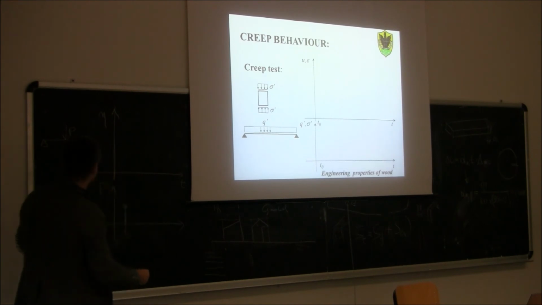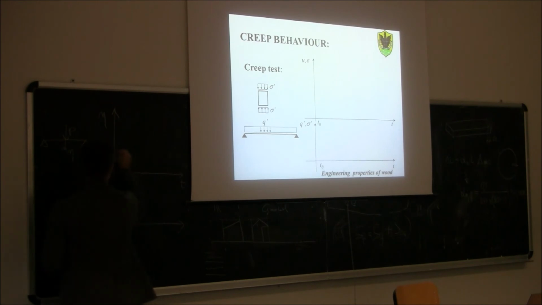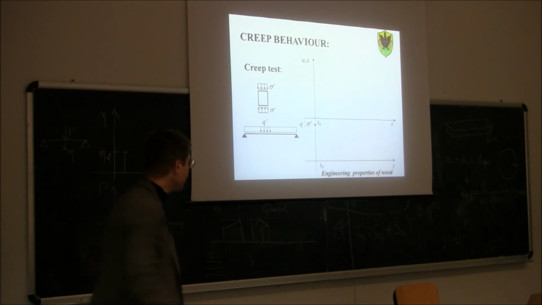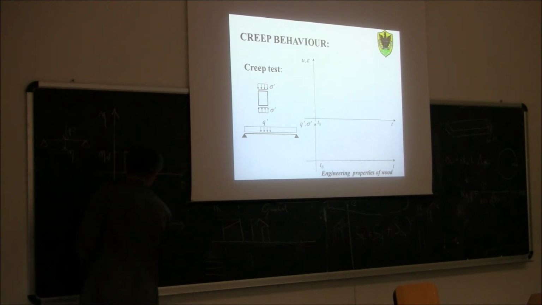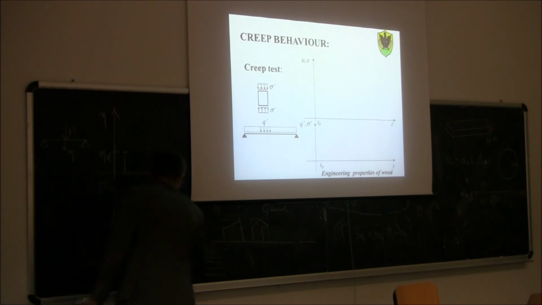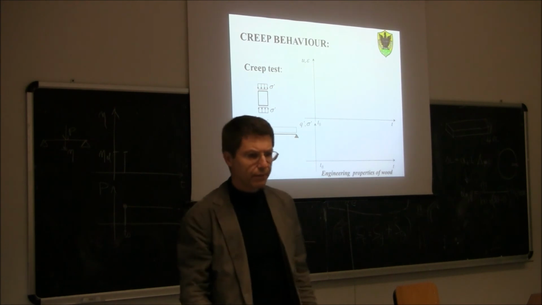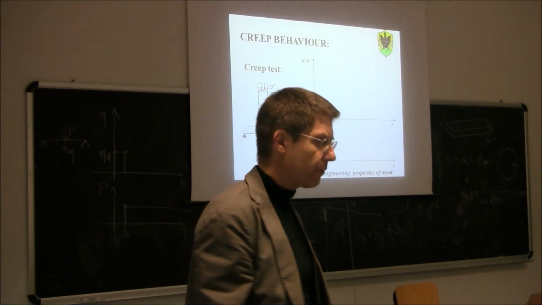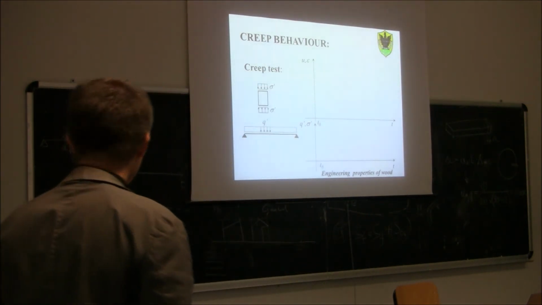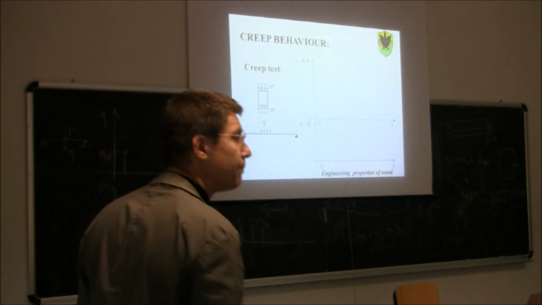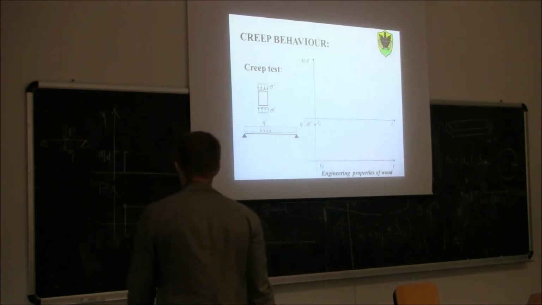What do I get here? When I apply load P, I will have a certain elastic deflection, right? Now, if I keep the load constant over time, forever, for example, what kind of diagram will I get for a steel structure? So how would this eta-T diagram look?